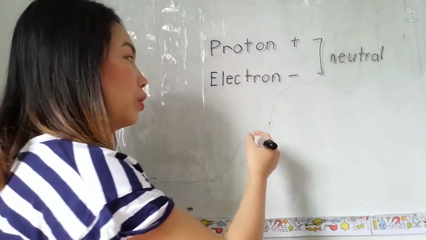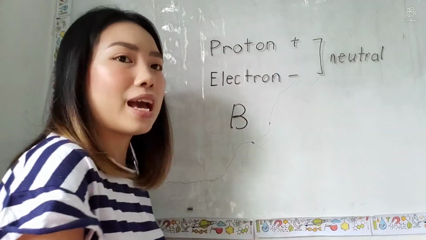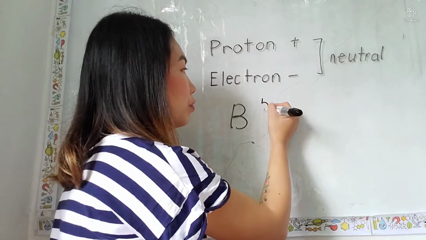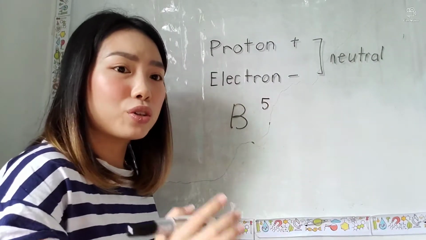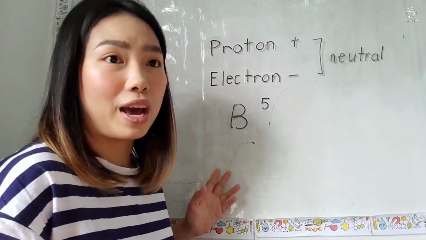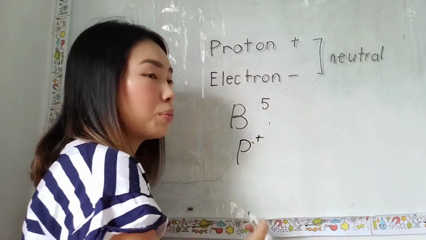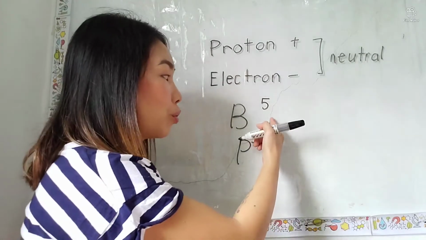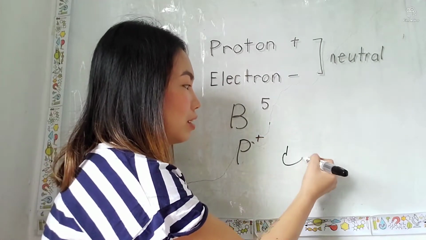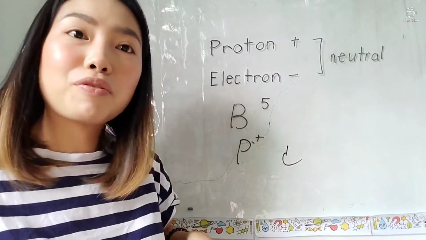So, example, boron has atomic number of 5. So, if boron has atomic number of 5, then the number of proton of the boron is 5.